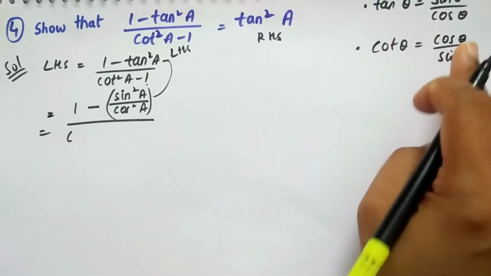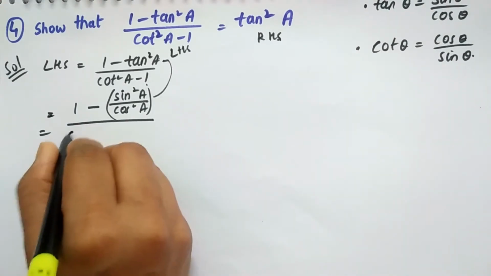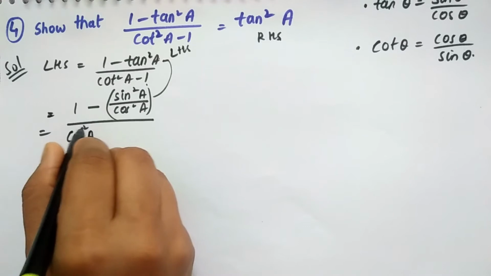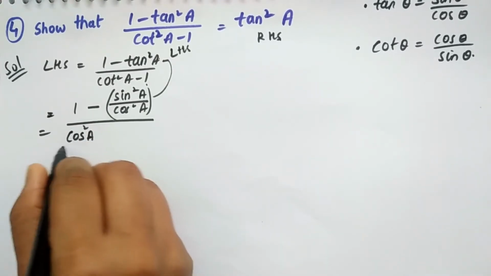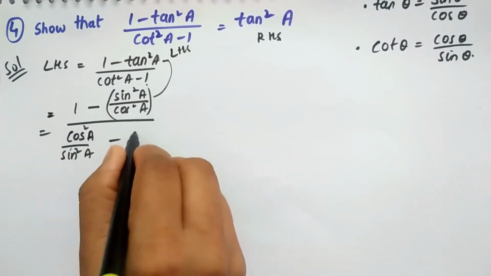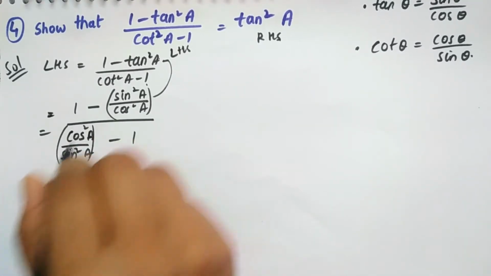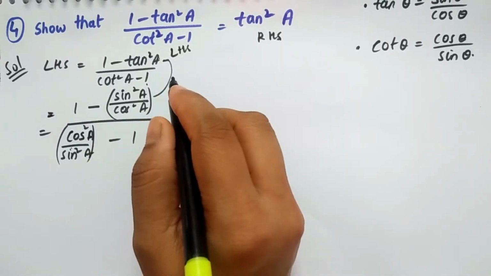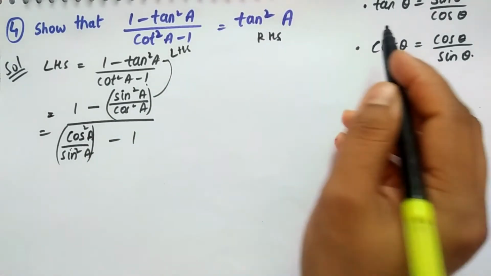Instead of cot, we are taking cos by sine, so cos a, copying the square as it is, divided by sine square a, minus 1. We have done nothing except replace the tan and cot values with the formulas.